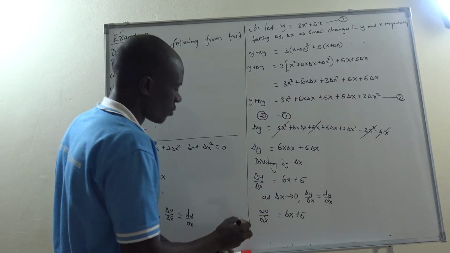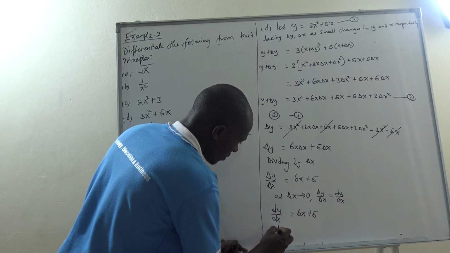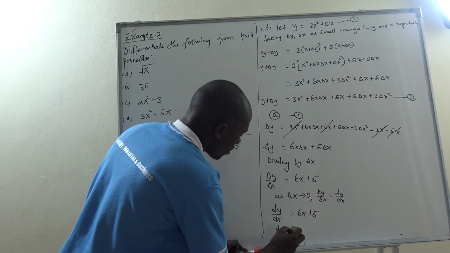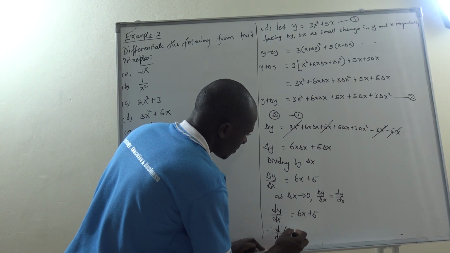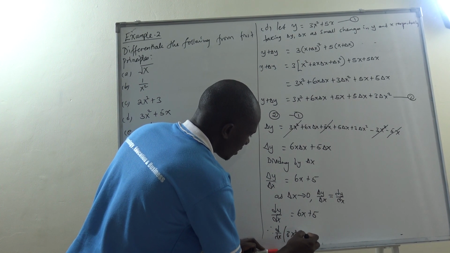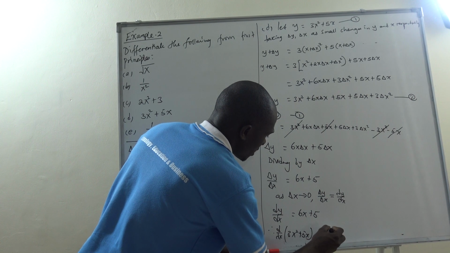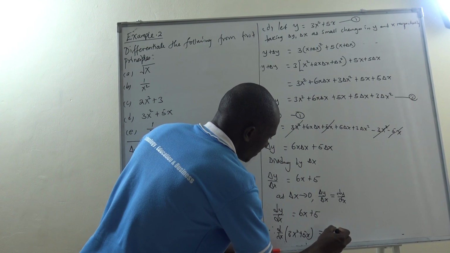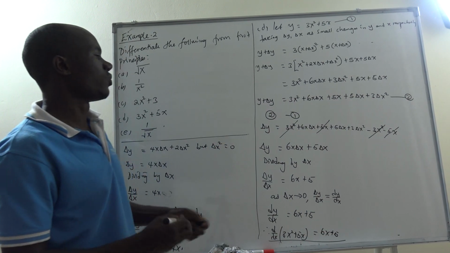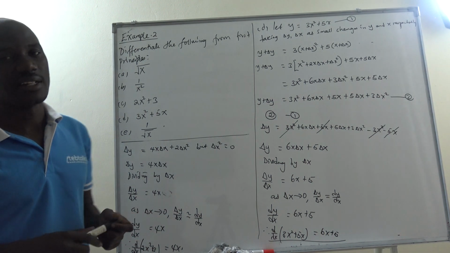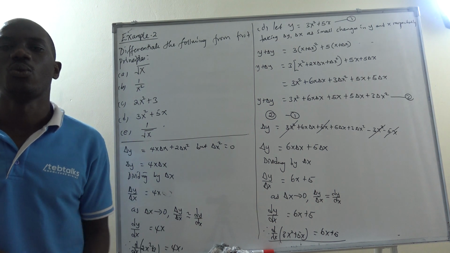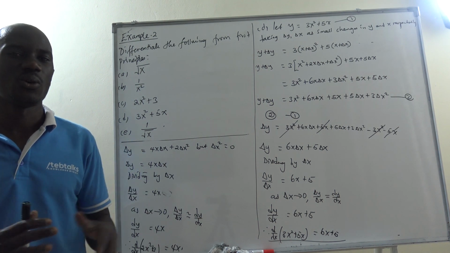So we conclude and say, therefore, d/dx of 3x squared plus 5x, we are coming out with 6x plus 5. So we have tried to differentiate that one using the first principle attempt. That's what we can do with such kind of the number.